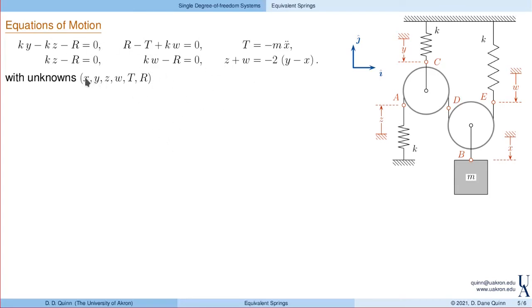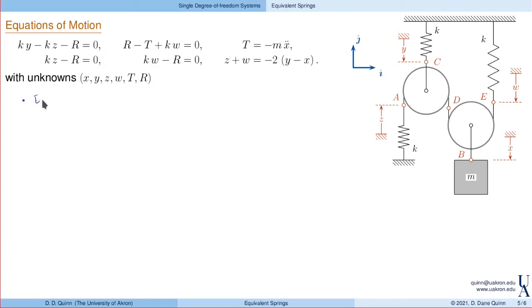If I look at x, for example, x only appears in 2 equations. w only appears in 1, 2, 3 equations. r appears a number of different places. But the idea is to pick a simple unknown to eliminate, and then pick another unknown that's relatively simple to eliminate.